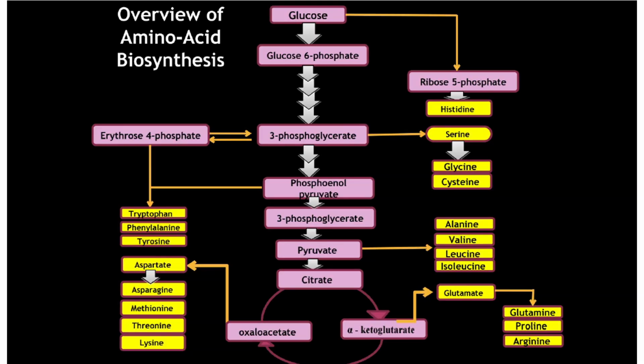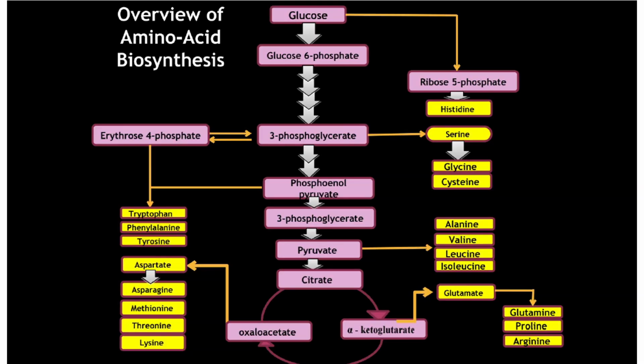Erythrose 4-phosphate, along with phosphoenolpyruvate, is involved in the formation of tryptophan, phenylalanine, and tyrosine, all of the aromatic amino acids. Pyruvate is involved in the formation of alanine, valine, leucine, and isoleucine. Serine will lead to the formation of glycine and cysteine.